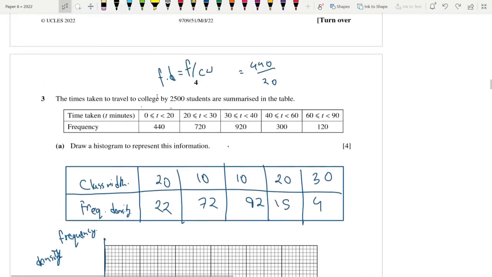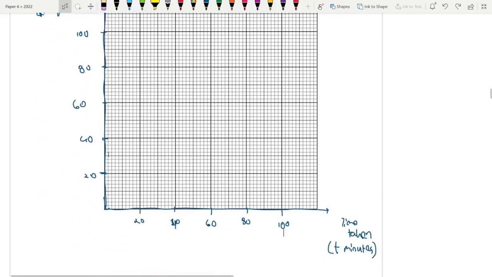Okay, so the first class, 0 to 20 is 22. Each small box is 2 units, right? So 0 to 20 is 22.